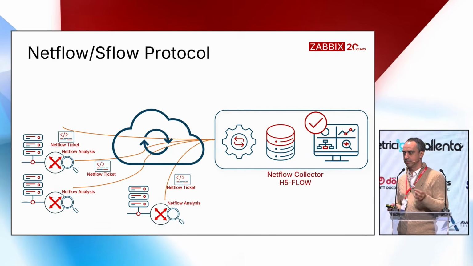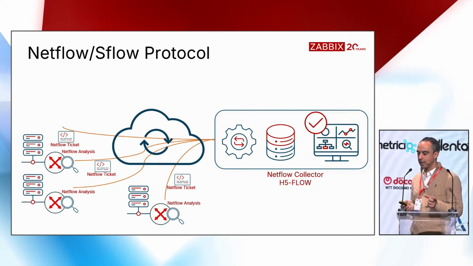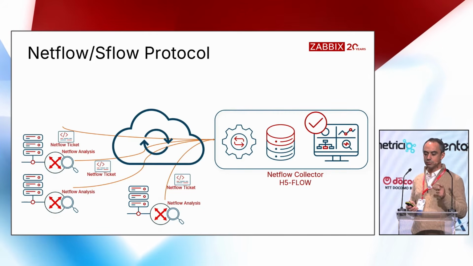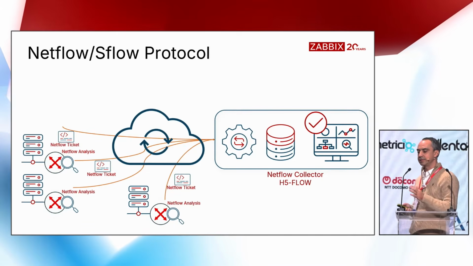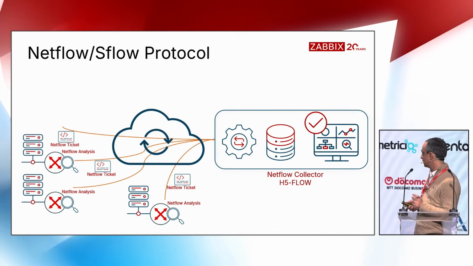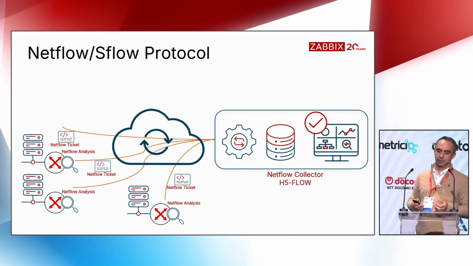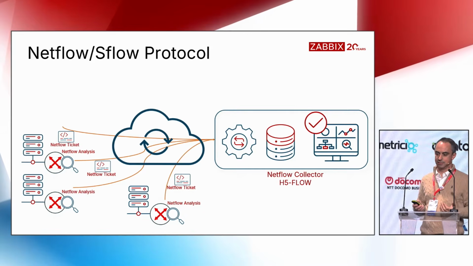Tickets are small reports using UDP, and the routers, for example, send tickets to a collector, and the collector will compute the tickets, store information, and can also have a GUI to show statistics.